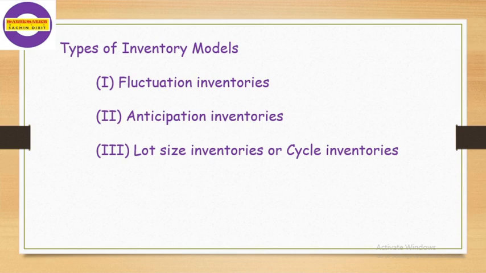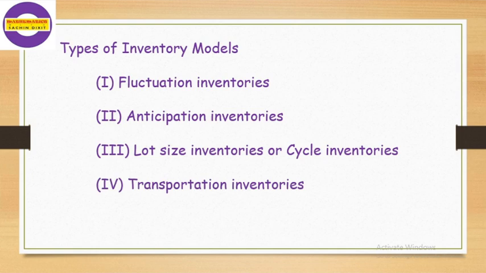It sometimes happens that the materials are procured in quantities larger than the economic quantities to meet the fluctuation in demand. In such cases, the excess materials are stocked, which are known as lot size or cycle inventories.